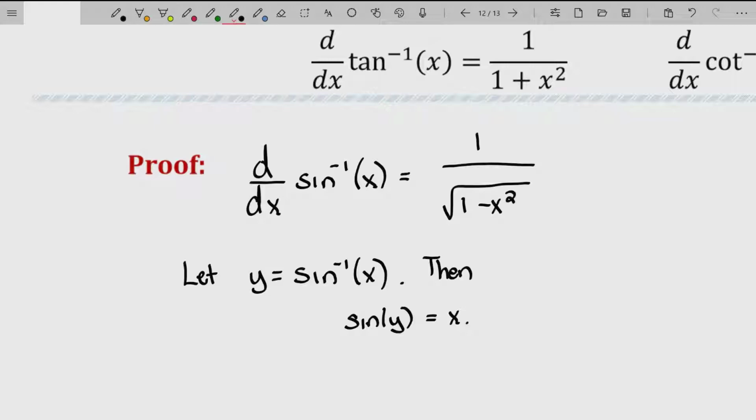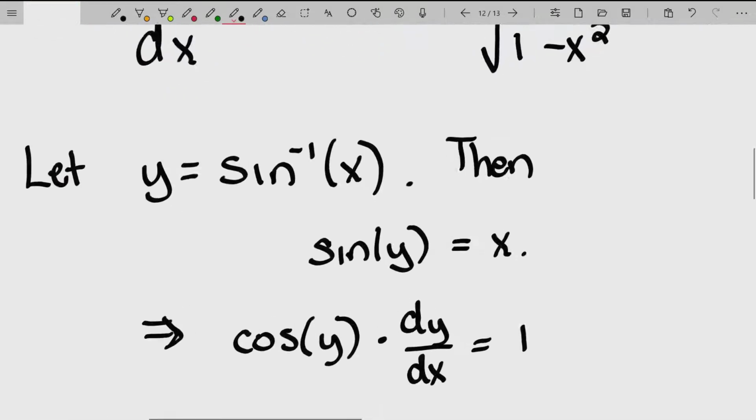And now that we have that, I could take the derivative of both sides of that equation implicitly. So this implies the derivative of sine, which is the cosine of y, times the derivative of the y that's inside that sine, should equal the derivative of x.